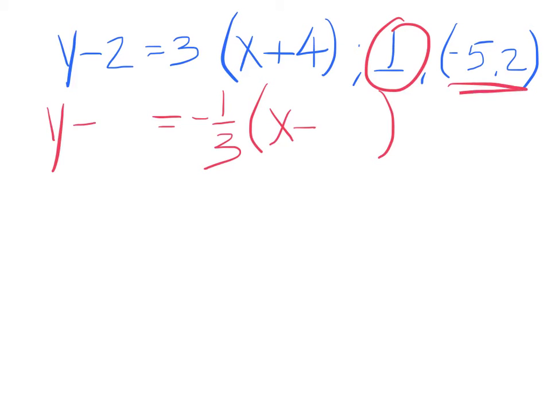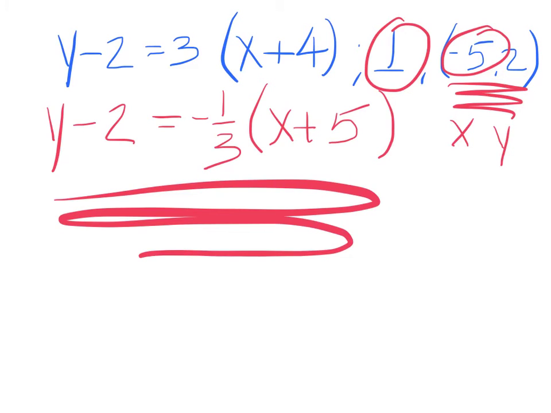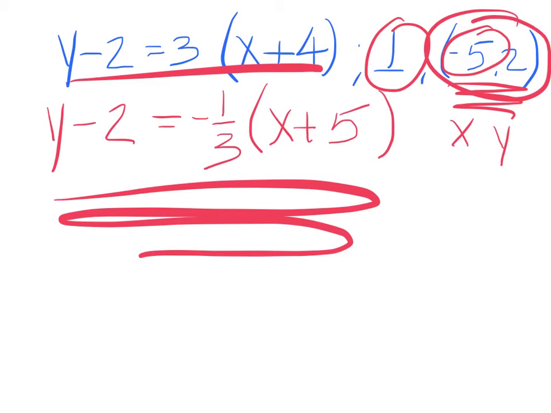And then look at the point. It's x, y. If I put a positive 2 in this spot, then it remains minus 2. If I put a negative 5 in for the x spot, x1, then it becomes plus 5. And that is the equation of the line perpendicular to this one and passing through this point.